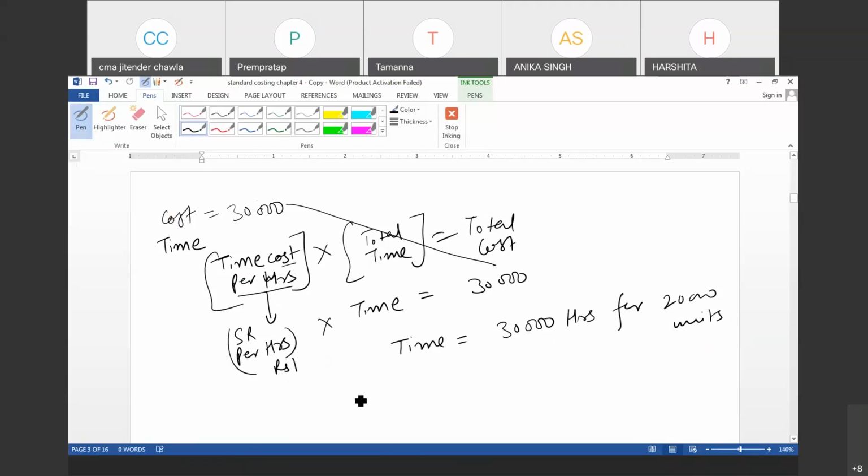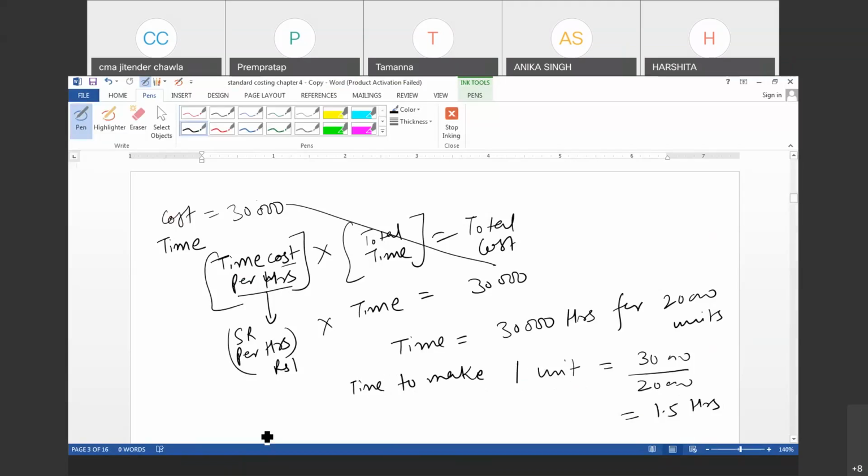Can you tell me the time to make 1 unit? Equals 30,000 divided by 20,000, which is equal to 1.5 hours. Am I right? Okay.